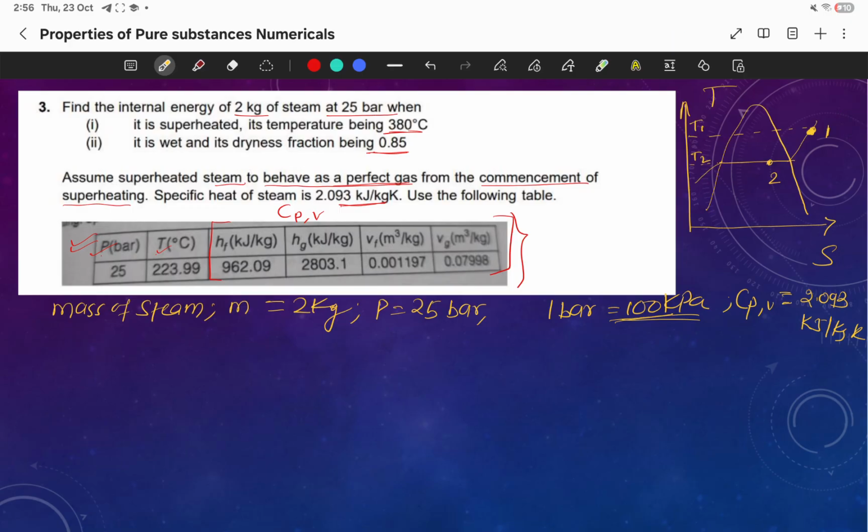Okay, now let's try to think how we can calculate the internal energy, right? What should be the approach? So we have given enthalpy here, we have given dryness fraction here, right? Now can you think of any equation which relates enthalpy and internal energy?